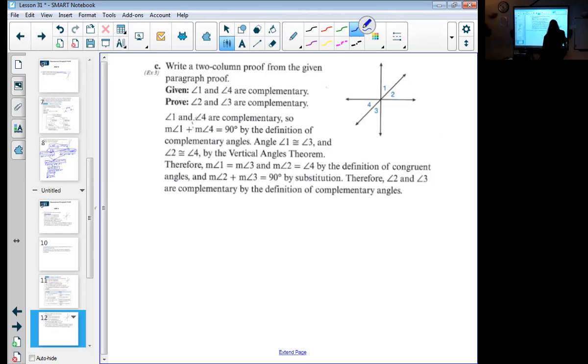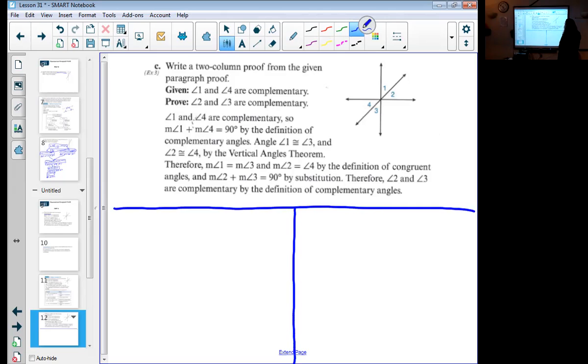We draw our big T. Angle 1 and angle 4 are complementary. That is what we have been given. Angle 1 is complementary to angle 4. That is given.